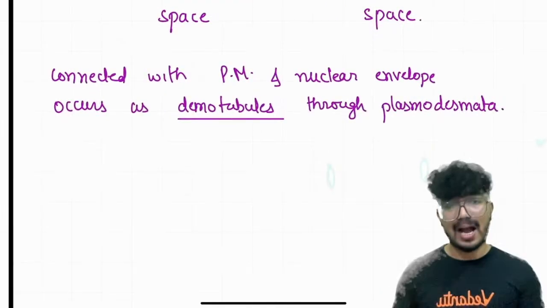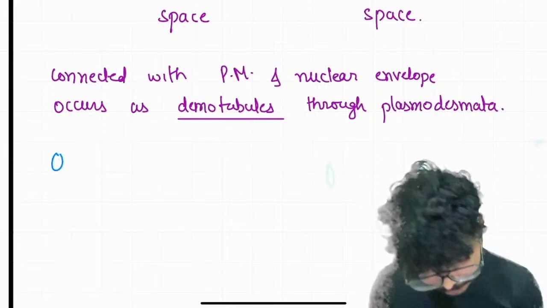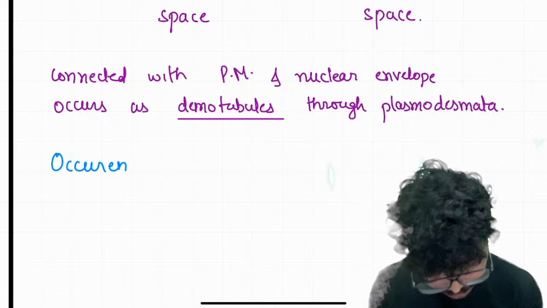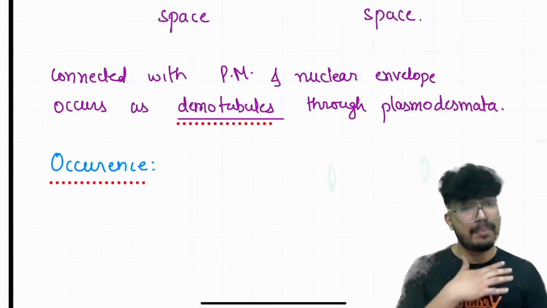Now we can talk about the occurrence of endoplasmic reticulum, where and in how much quantity you can find the ER. ER is very extensive in metabolically active cells.